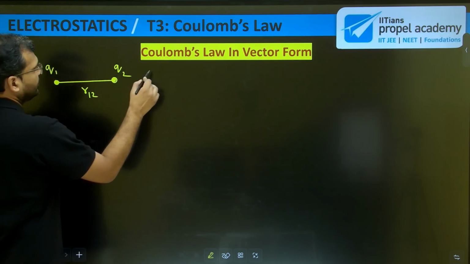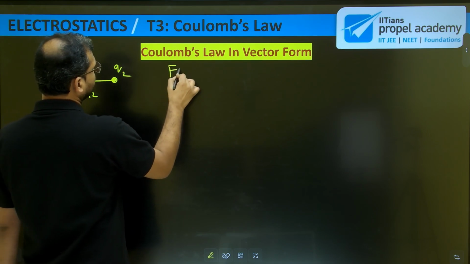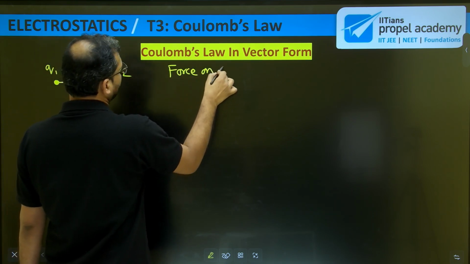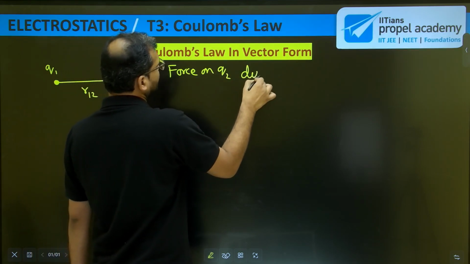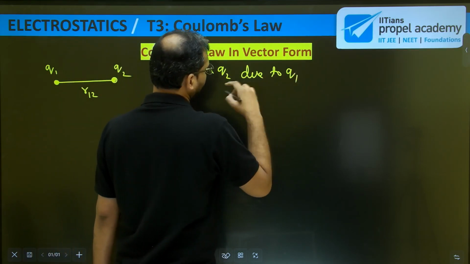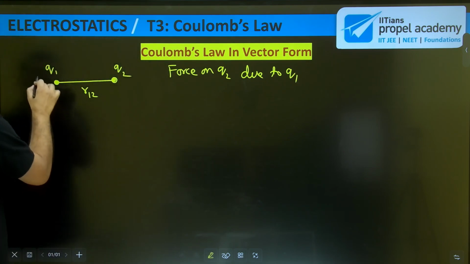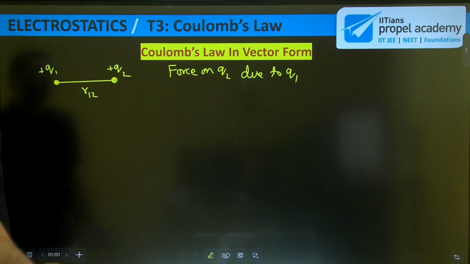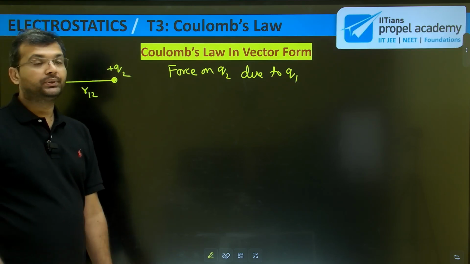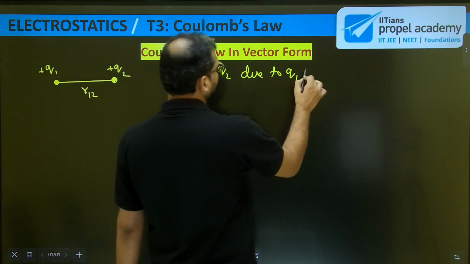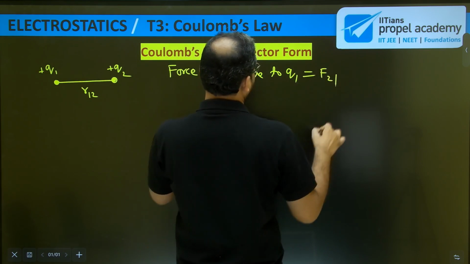Now the force on Q2 due to Q1, and let's take both as positive charges. Force on Q2 due to Q1, I will write as F21.